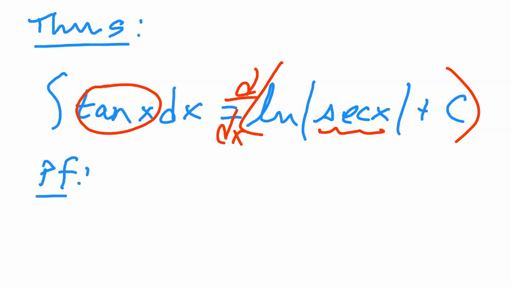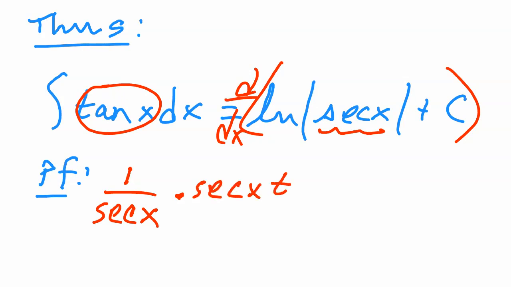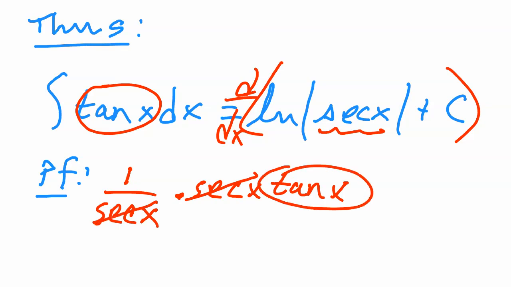So the derivative of the natural log is 1 over that. Natural log of the absolute value of x is 1 over x, but in this case, it'd be 1 over secant x, and then times the derivative of what's inside. Of course, the derivative of what's inside, derivative of secant, is secant x tangent x. So if you notice, the secants will cancel out, and I'm left with tangent x. And of course, the derivative of constant is 0.